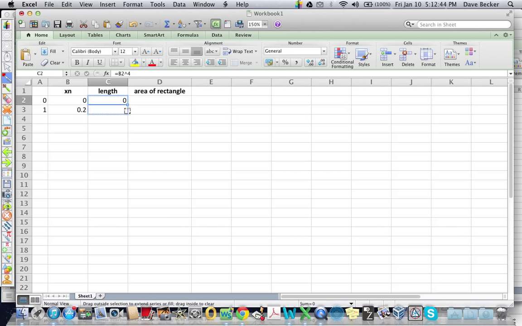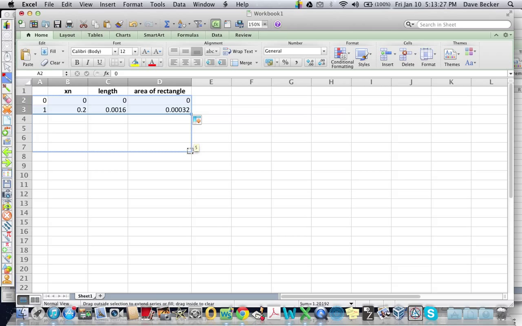And I'll drag that down, and x sub 1 here is 0.2, and 0.2 to the fourth power is 0.0016. So the area of this rectangle is going to be equal to its length multiplied by its width. And if I'm only having 5 rectangles from 0 to 1, the width is going to be 1 divided by 5, or 0.2. Okay, and so I'm going to drag that down. Now I'm going to drag all of these down.